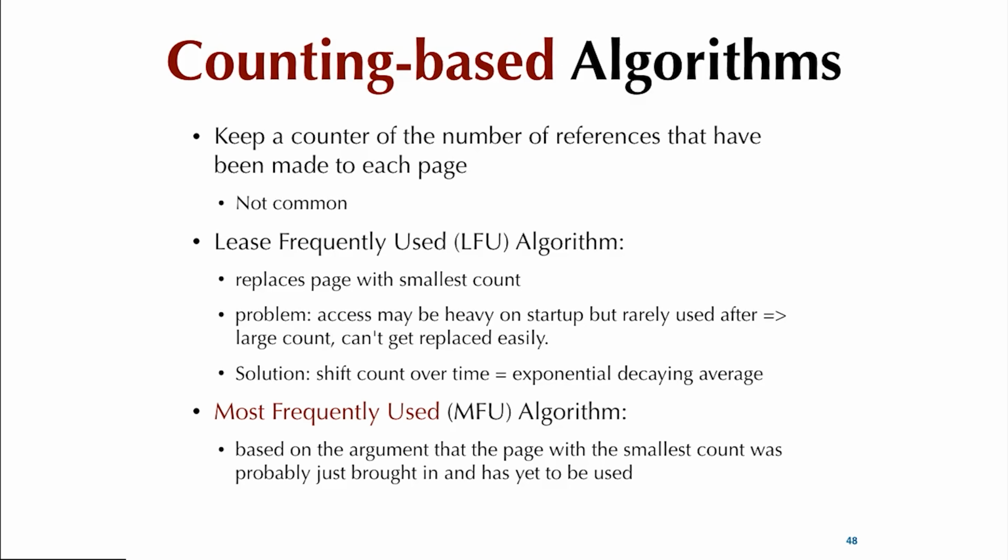So least frequently used may suffer from a problem where initialization biases certain pages that were heavily accessed during initialization, but after that, they're not touched much anymore. Those tend to stick around much longer, even though they may be good candidates to replace. So the solution there is some kind of exponential decay.